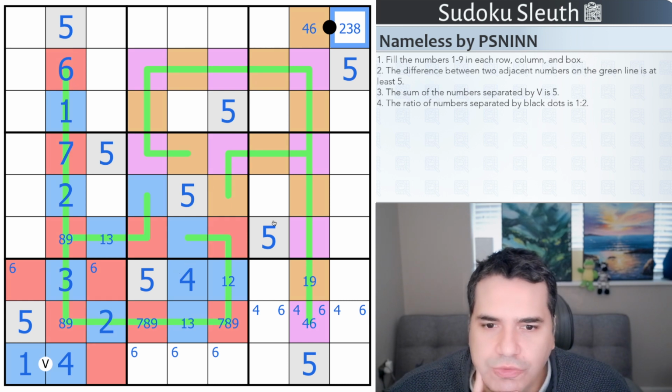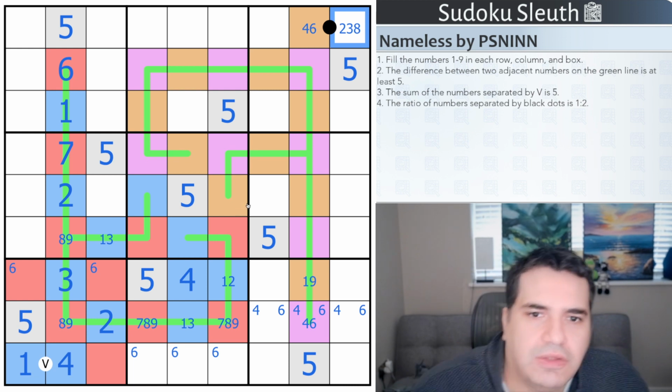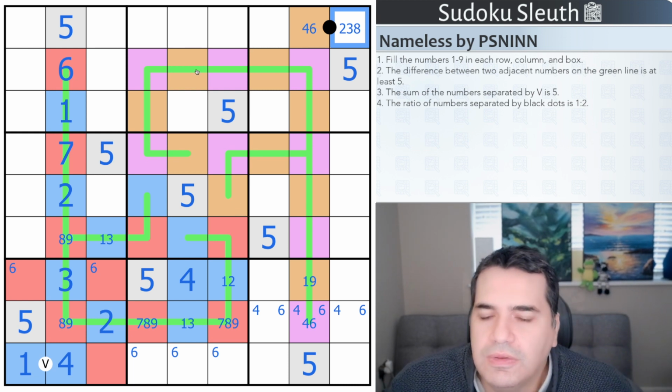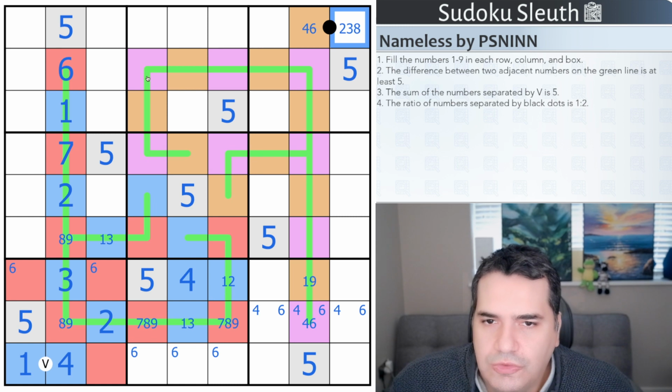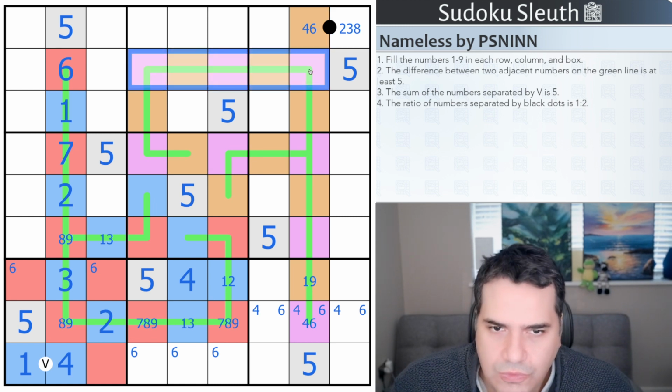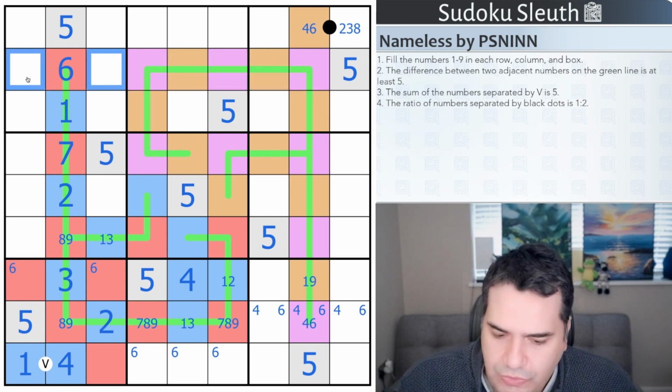Sorry, I'm just kind of looking around, retreading old ground and not making a huge amount of progress. No 4, no 4, no 4. 4 is in one of two cells.